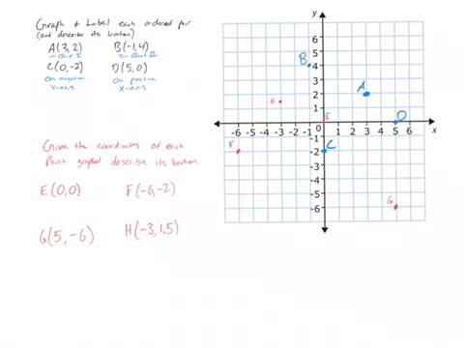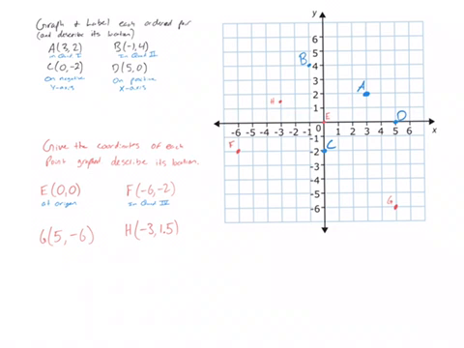The point E is at the origin. F is in the third quadrant. We'll use Roman numerals. G is in the fourth.